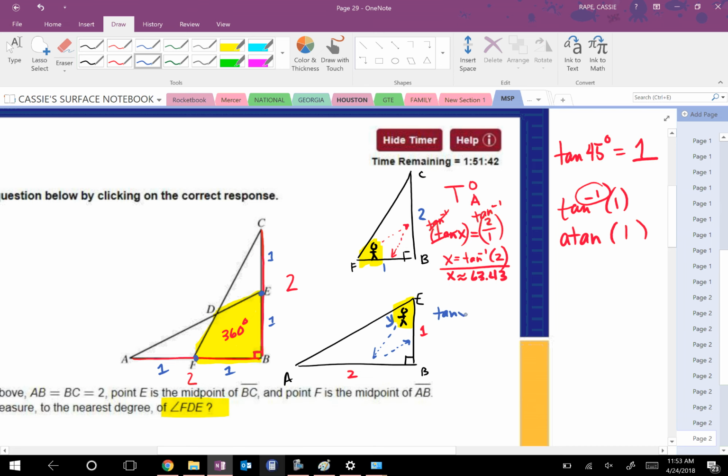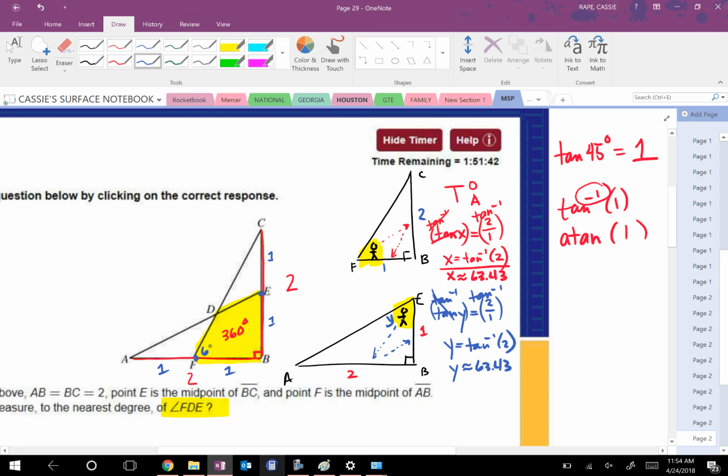If you inverse tangent both sides, y is equal to the inverse tangent of 2. Well, you already did that, and that was about 63.43 degrees. So you know that this one is 63.4 and 63.4.